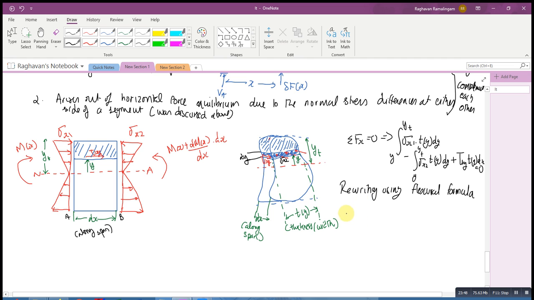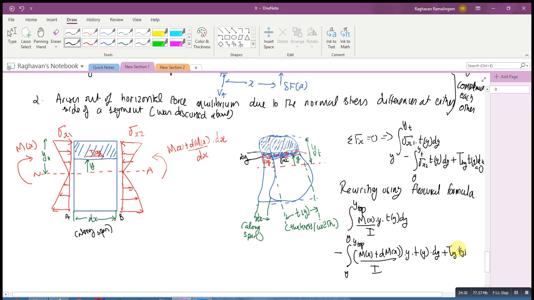So integral y to yt of M of x by I into y times t of y dy, minus integral y to yt of M of x plus dM of x by I into y into t of y dy, plus tau xy t of y dx equal to 0.